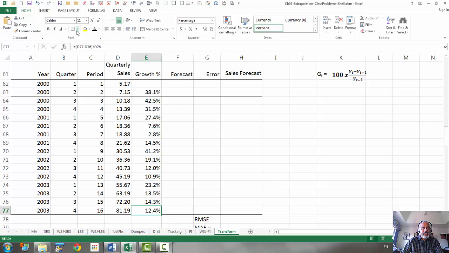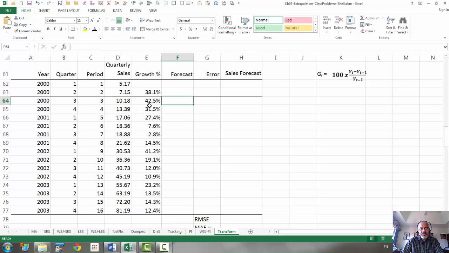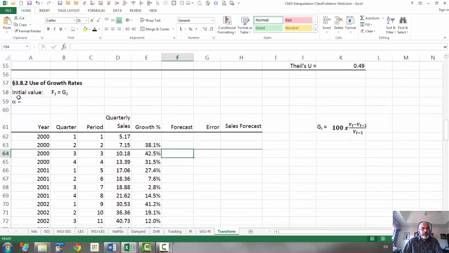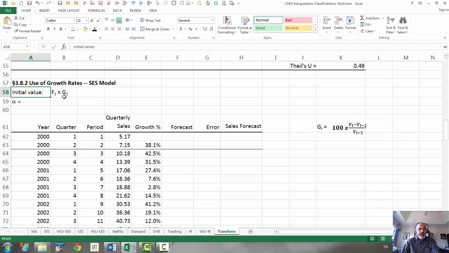So now we start doing the forecast. Here in growth rate model, we're going to use SCS forecast. So SCS forecast, the initial value, so we're going to use the first growth rate as the forecast for the next period.